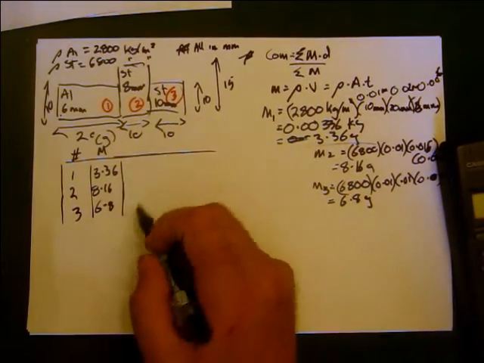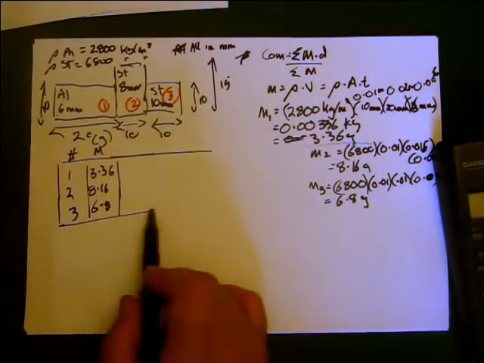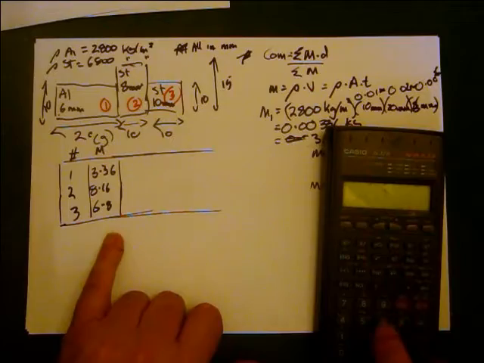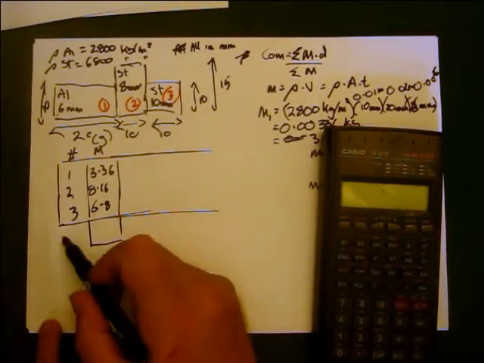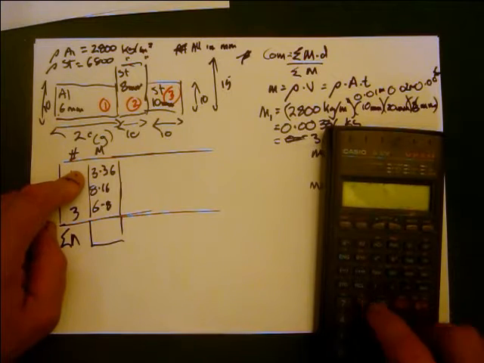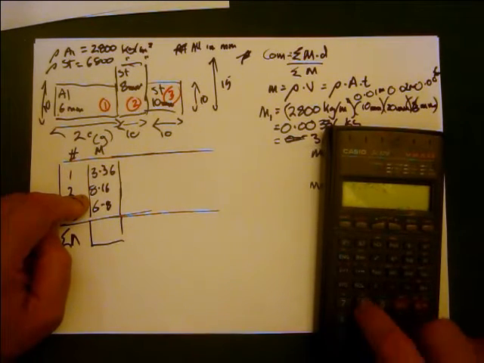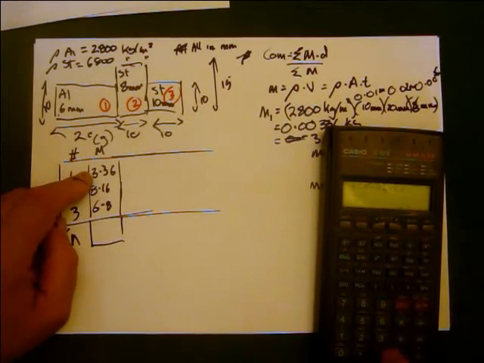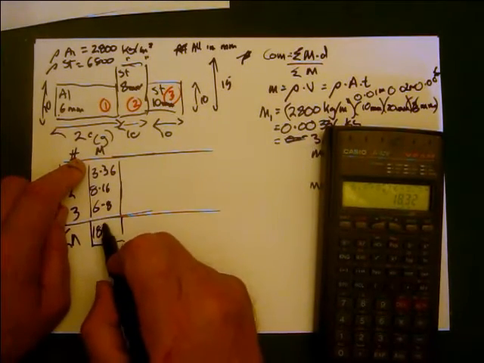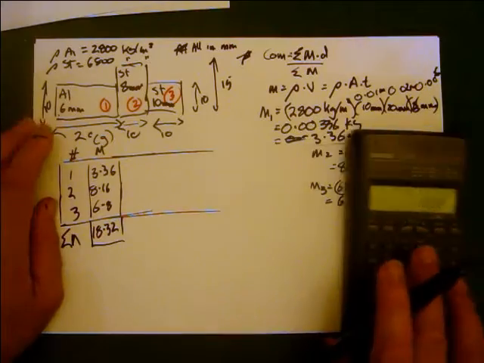Now we sum those all up: the sum of the masses equals 6.8 plus 8.16 plus 3.36, which equals 18.32 grams.